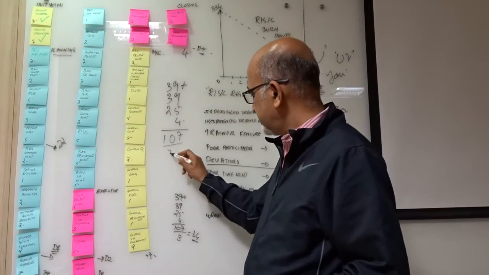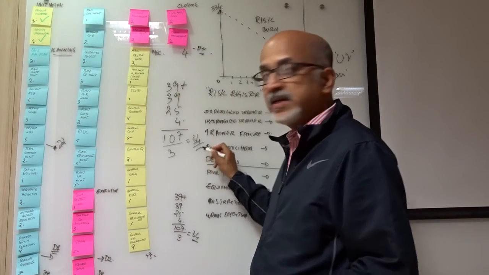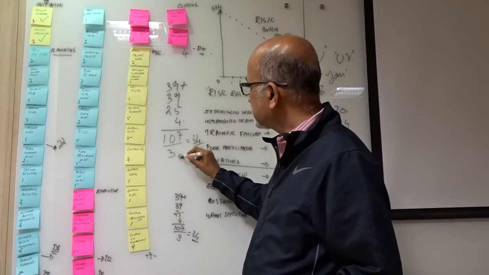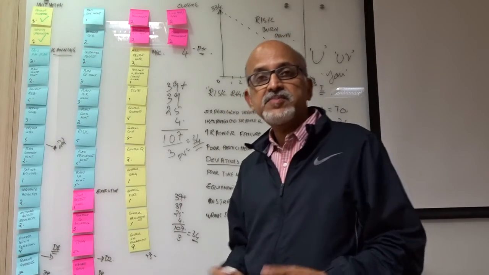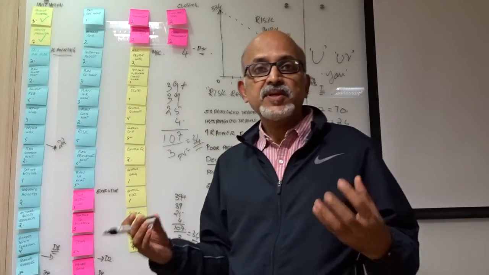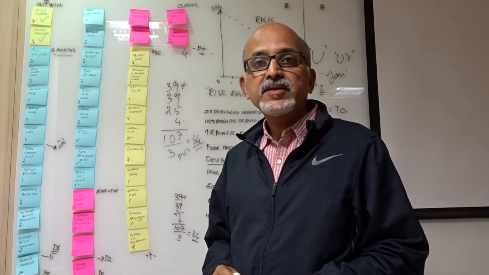When I divide by 3, I'm getting around 34. So per day, my plan value is 34. Day 1, we should accomplish a plan value of 34 points. Day 2, another 34, and day 3, another 34.